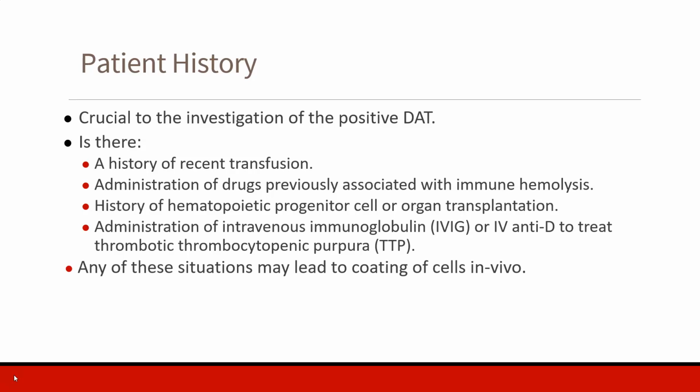And most frequently, we have idiopathic TTP. So these two medications have been proven to be successful in terminating the TTP. Not always, but it is one of the treatment options. And because these are antibodies, we can get positive reactions. So any of these situations may lead to coating of cells in vivo.